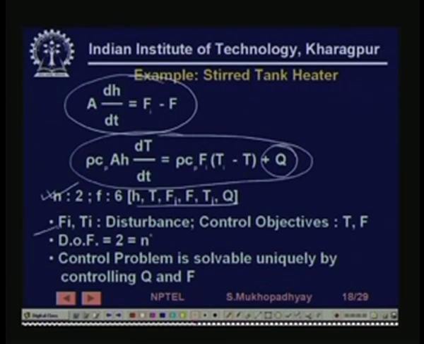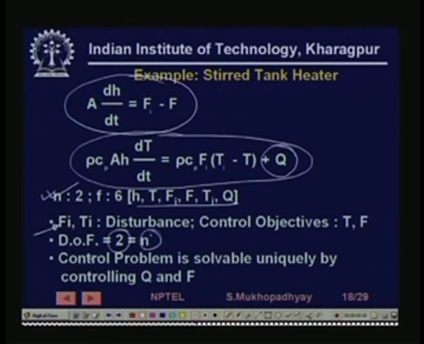Of these, 2 are disturbances, Fi and Ti, that is flow rate and the temperature of the feed. We assume that we cannot control those, so those are lost. So 6 minus 2 minus 2, the remaining degrees of freedom is 2. That means that it can take up to 2 control objectives.